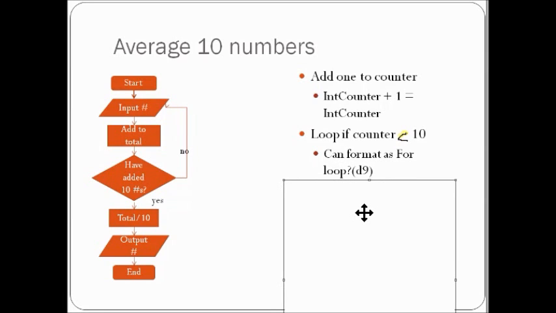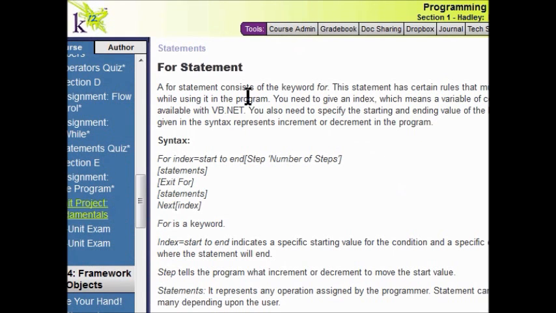Can you format it as a for loop? Let's look. Here's our for statement. For index start to end. It's number of steps. That will work, right? For index 1 to 10 or 0 to 9, depending on how you're going to count it. So I think it's simple enough to use as a for statement.